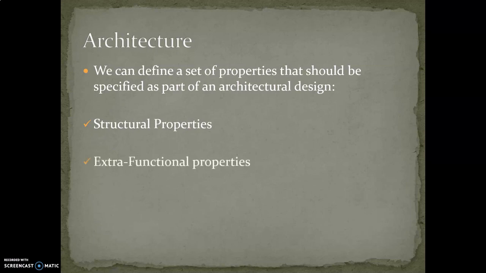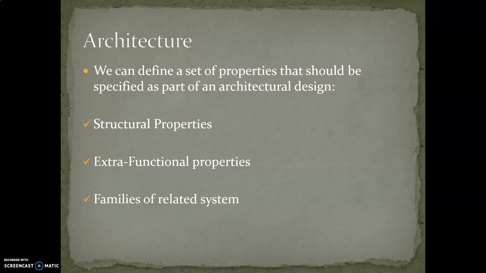Then we have the next property, that is extra-functional properties. It should address how the design architecture achieves requirements for performance, capacity, reliability, security, adaptability, all the factors by which we can maintain the software. Okay. And the third property is families of related systems.